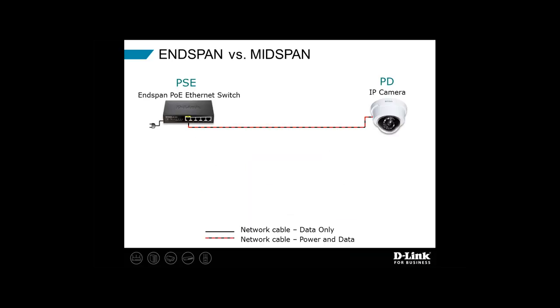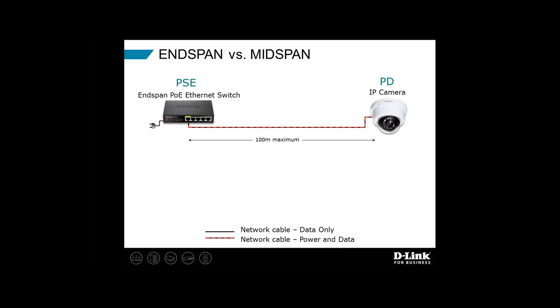So this slide better illustrates the differences between an ENDSPAN and a MIDSPAN. Here you're looking at an ENDSPAN. So I've got a 5-port switch. 1 port is PoE enabled. I've got my LAN cable plugged into that PoE port, and the LAN cable is connected up to 100 meters, and you know that with the IEEE 802.3 Ethernet standard, we can go up to 100 meters over the LAN cable, and at the far end is my PD, in this case an IP camera.